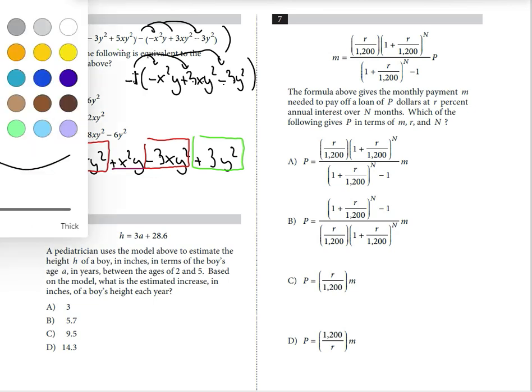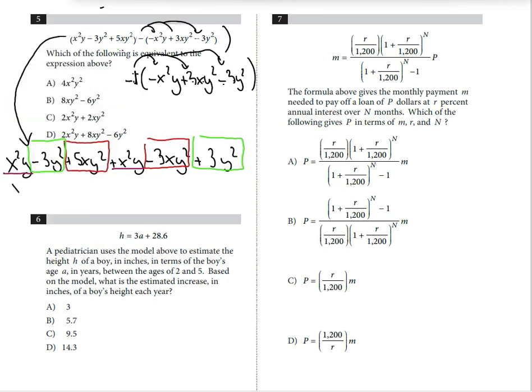So I'll put the x squared y plus x squared y minus 3y squared plus 3y squared plus 5xy squared minus 3xy squared. x squared y plus x squared y, so our coefficients are 1 and 1, so we're going to get 2x squared y.